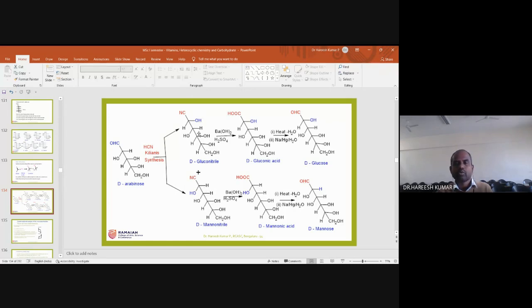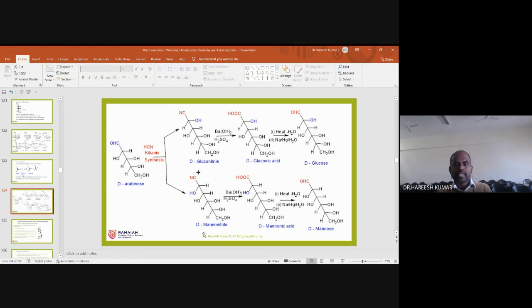Two enantiomers are possible when CN minus is attacking the arabinose. So what are the enantiomers? One is D-gluconitrile. Nitrile means CN.